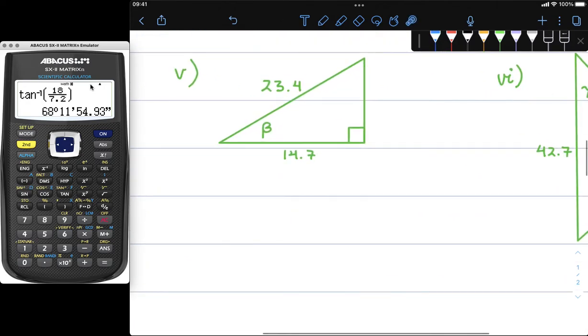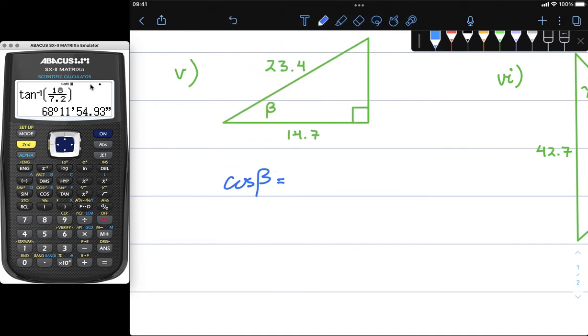Once again, from here we have the angle beta. I can see we have the adjacent and the hypotenuse, so that is cos. So cos of beta is adjacent, 14.7 divided by 23.4, taking the inverse of both sides, cos inverse of 14.7 divided by 23.4.